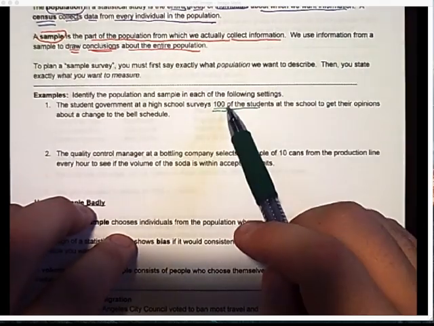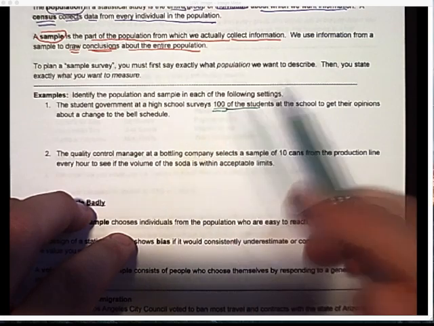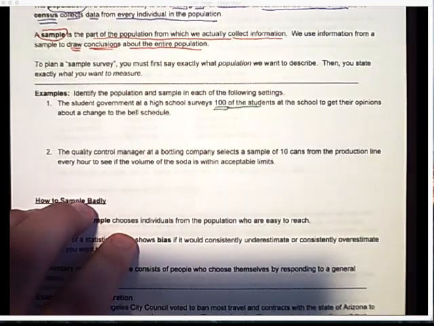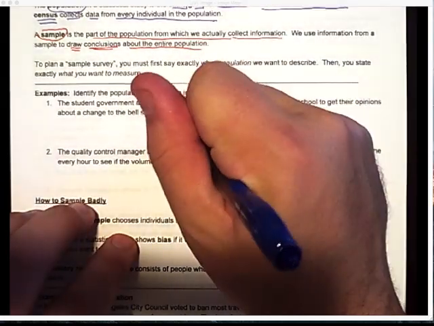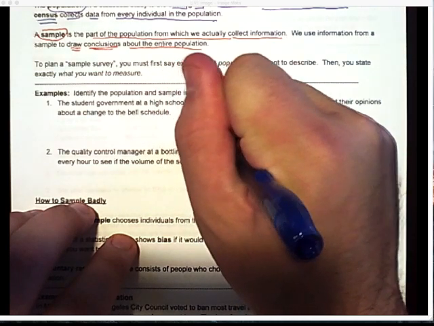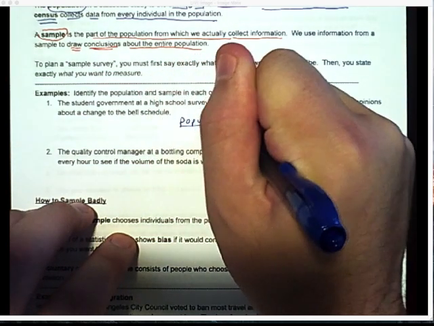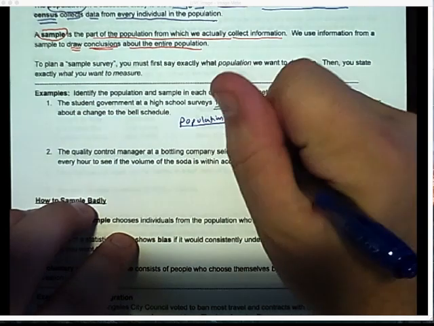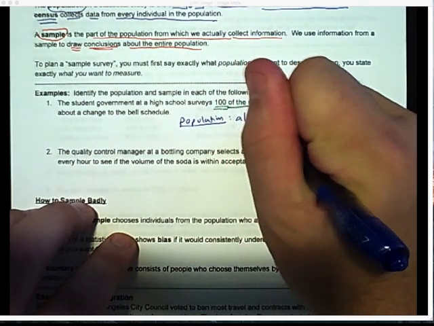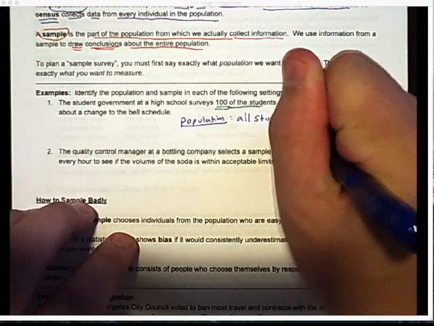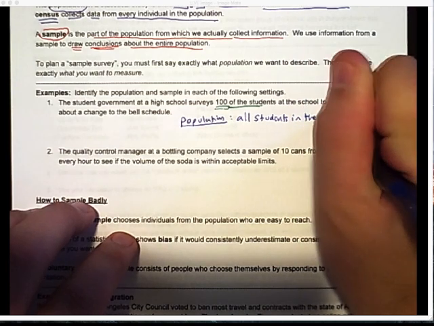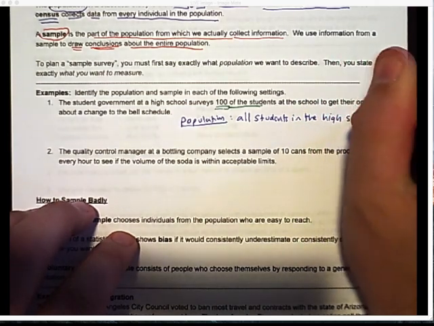Well, clearly there's more than 100 students at the high school. So the population would be, okay, the population would be all students in the high school. That's everybody.